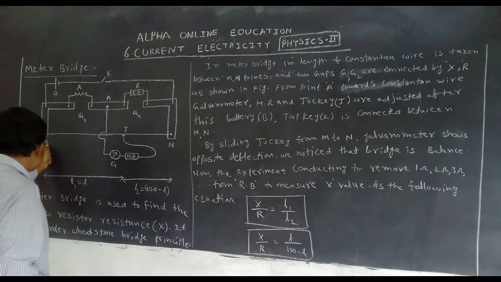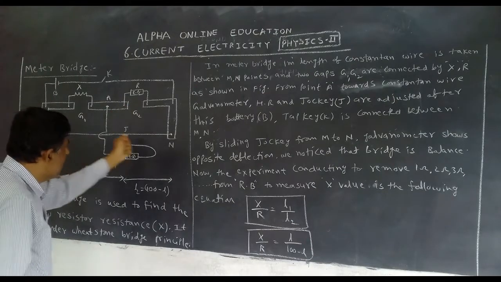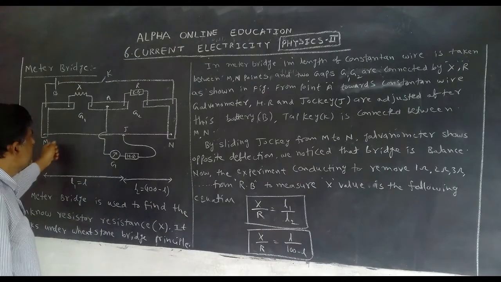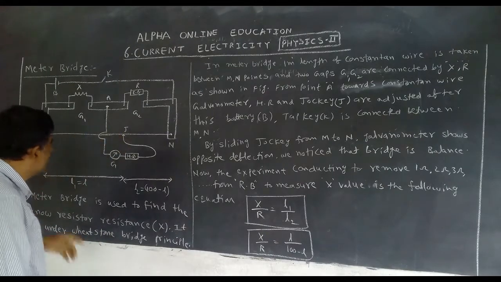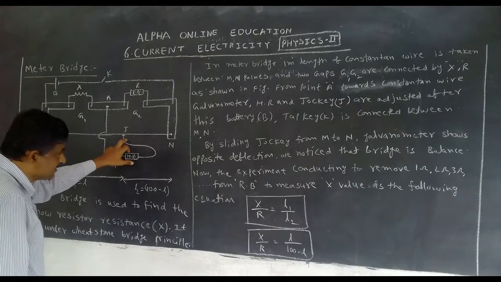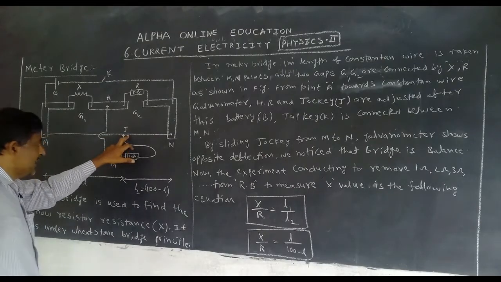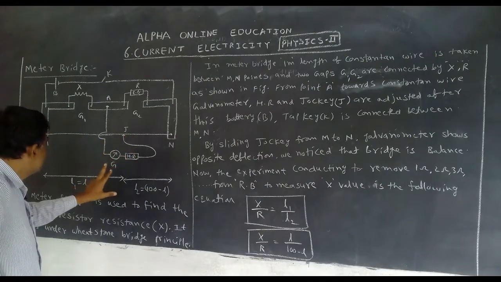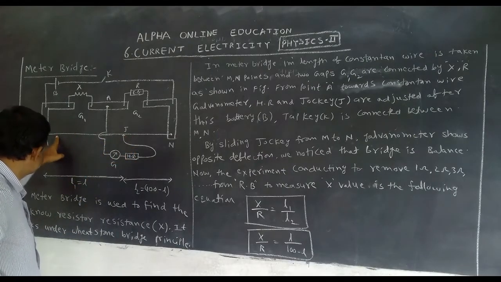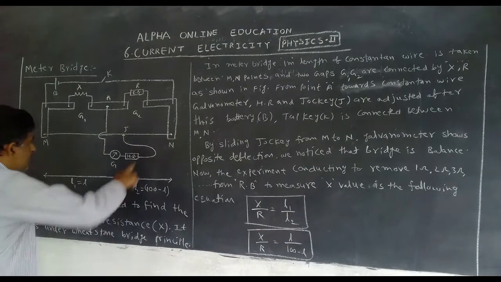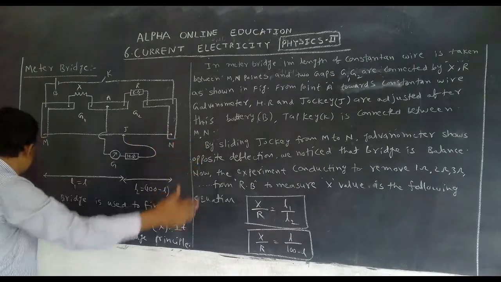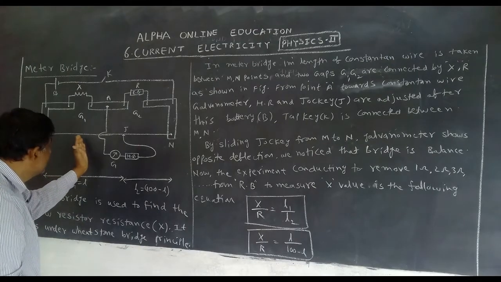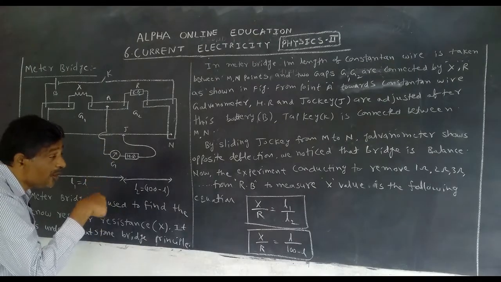Then we slide the jockey from M to N. When the jockey slides from M to N, at a certain point on the wire, the galvanometer, which shows a deflection on this side and this side, shows zero deflection.